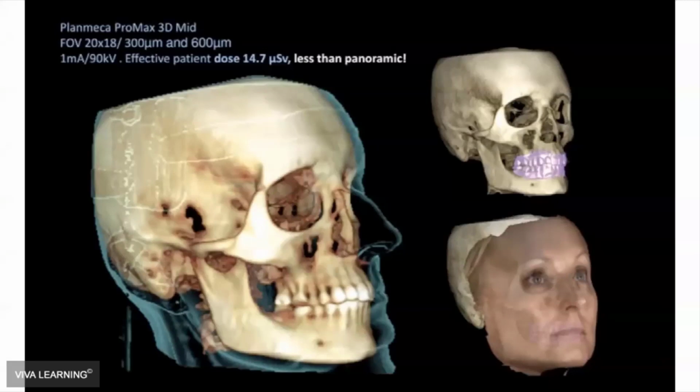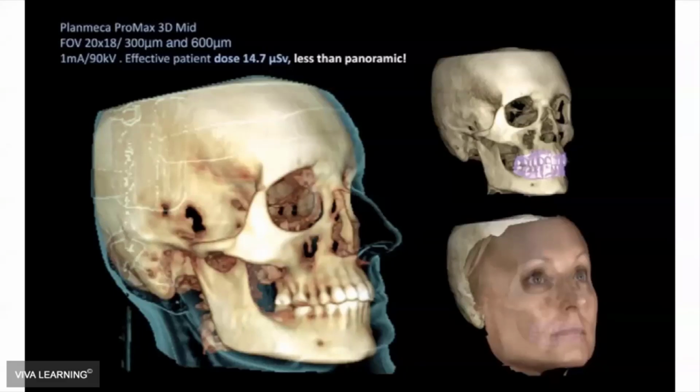Now, some of these cone beams will take a photo and overlay the cone beam. This is really good for orthodontics or orthodontic surgery if you're trying to do different things with that. But even these days, with implant placements and 3D scanning of faces, you can overlap all of these things.